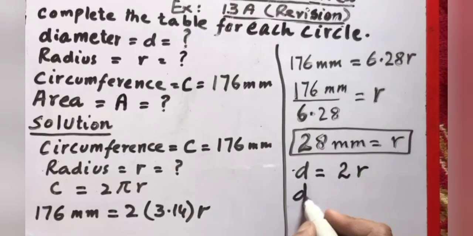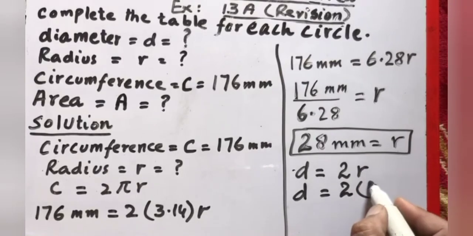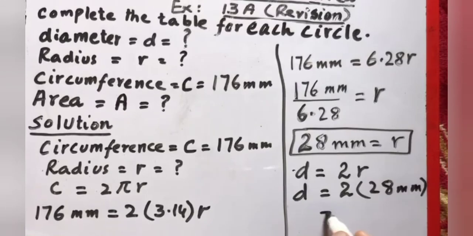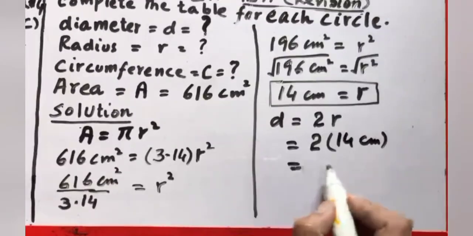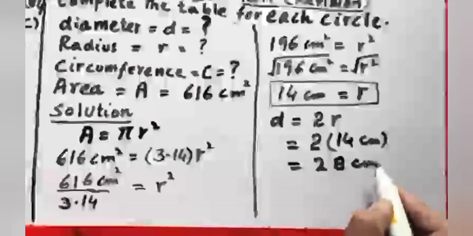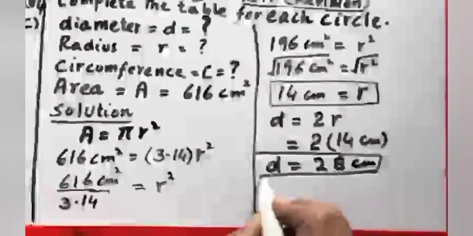So by putting the values, 2 into the value of r which is 28 millimeter, we will multiply 28 by 2.